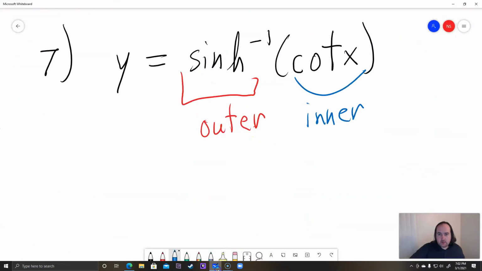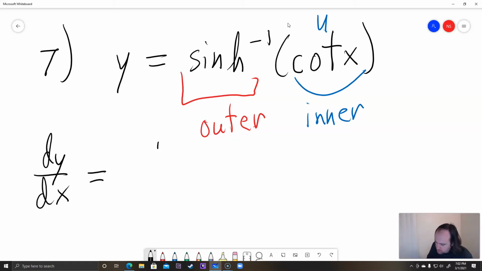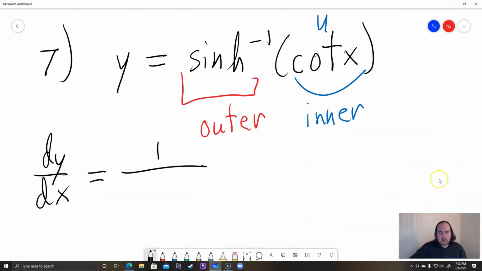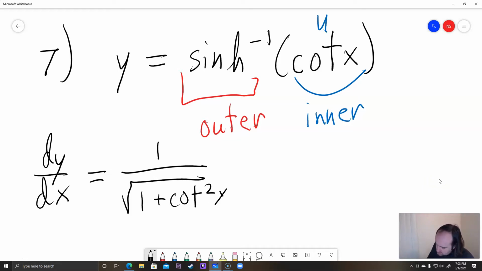So here our u is actually going to be cotangent of x. So we're going to have dy dx equals 1 over the square root of 1 plus u squared times du dx. So that's going to be 1 over the square root of 1 plus cotangent squared of x, because here our u is cotangent of x, times du dx.